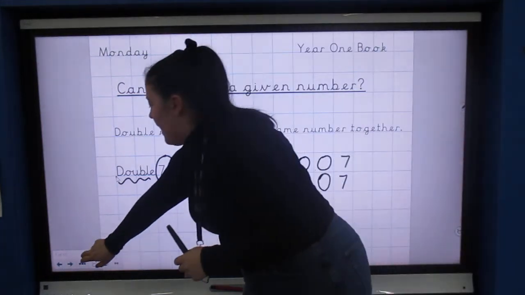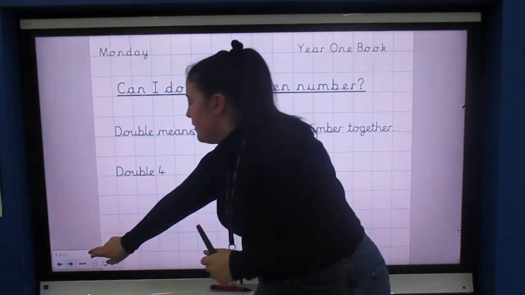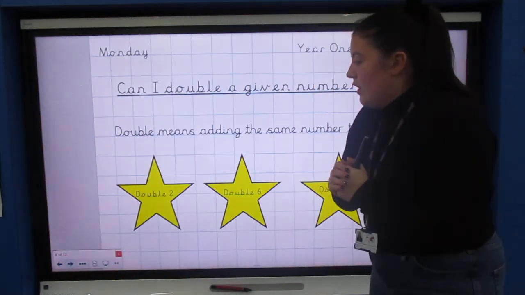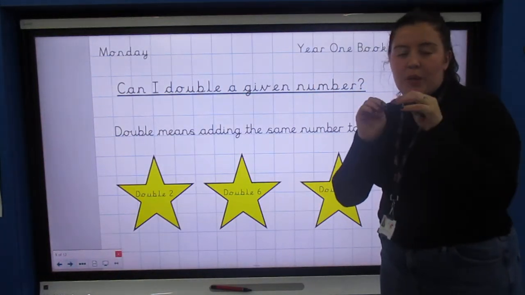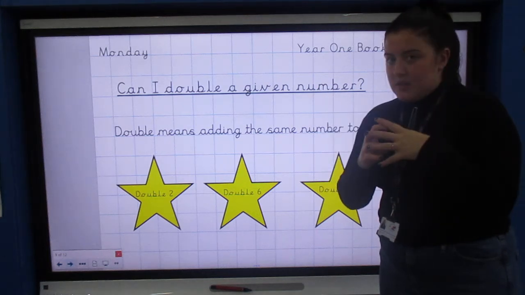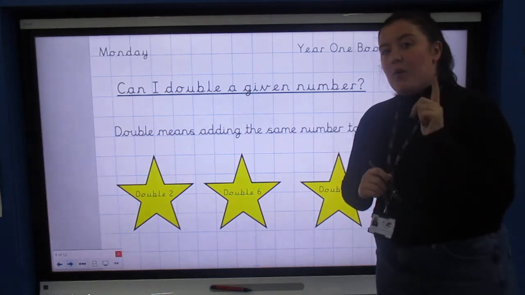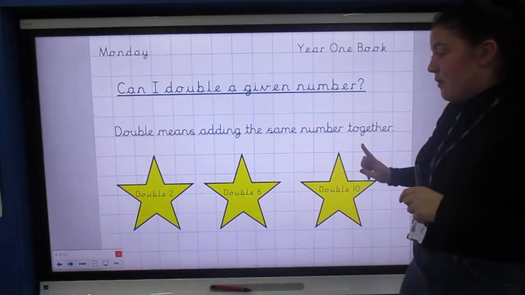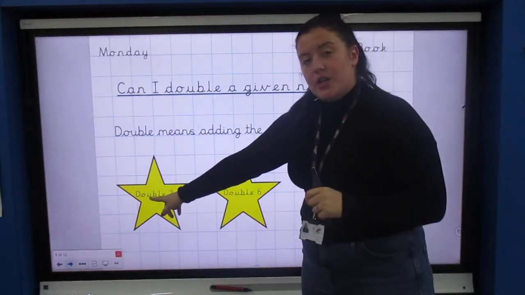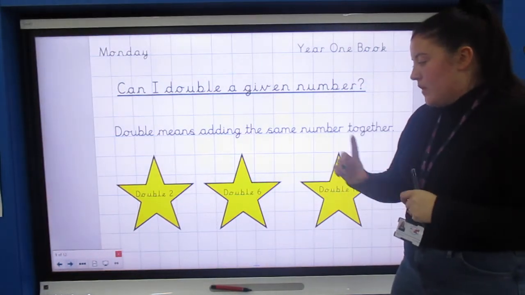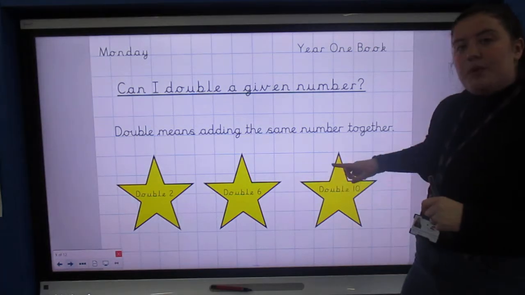Okay, now for your workbook today, you can do question 1 like we've just discussed, and you've got to look at the pictures and match them up to the answer. But then I'd like you to have a go on your whiteboards at these 3 problems. Okay, so I would like you to find me the answer to double 2, double 6 and double 10.